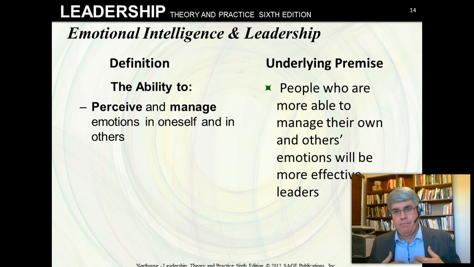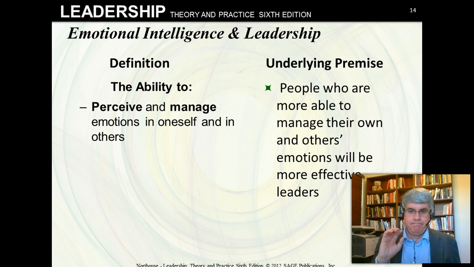I can manage my own emotions, so I can be sad when I should be sad. I can be happy and positive and upbeat when I should be. And I can also manage your emotions. I can make you feel positive and upbeat when I need to encourage you to do your work. I can make you feel sad when you've done something that is inappropriate, so that you won't want to do it again.